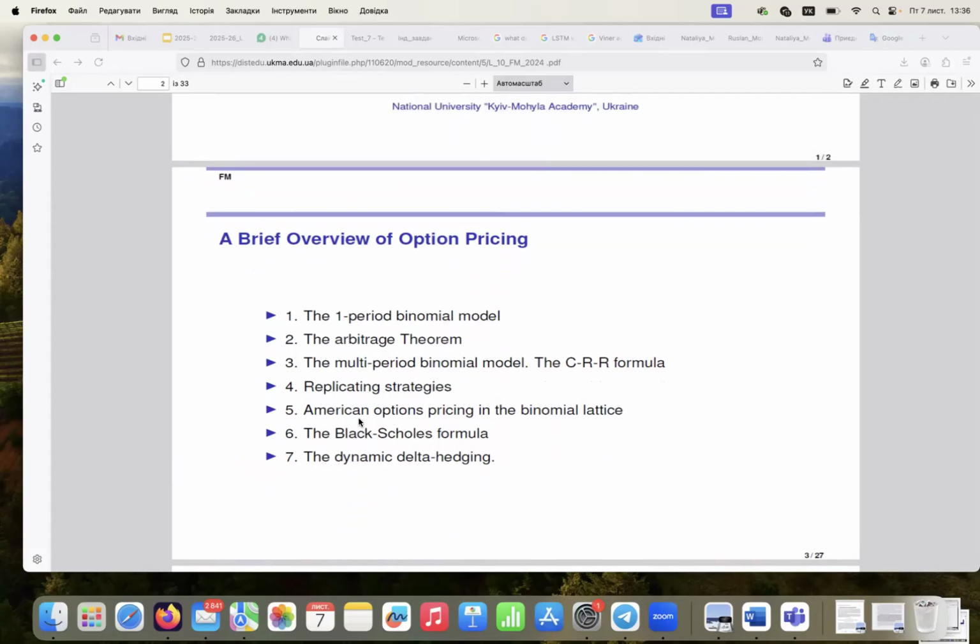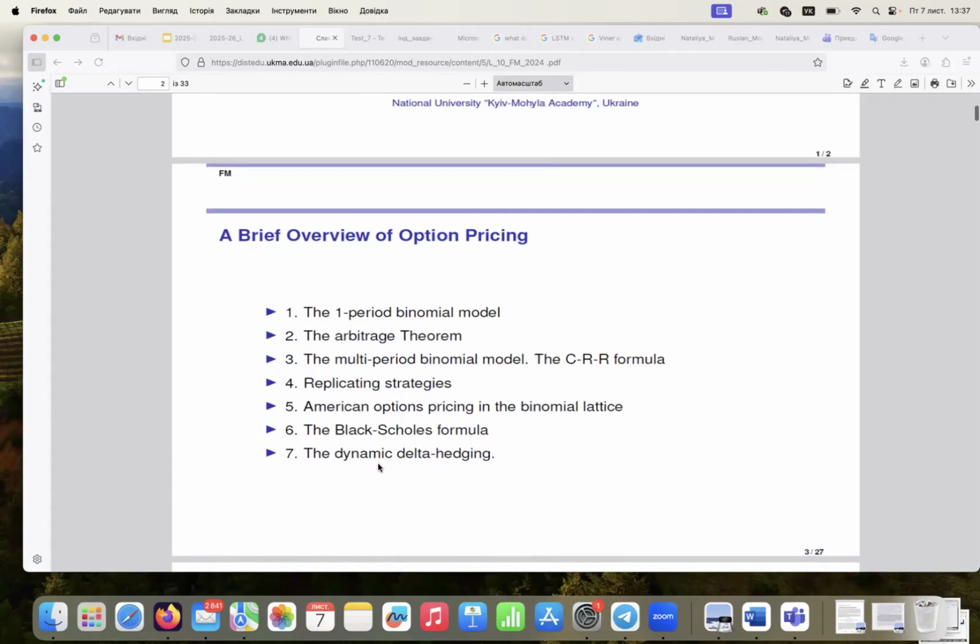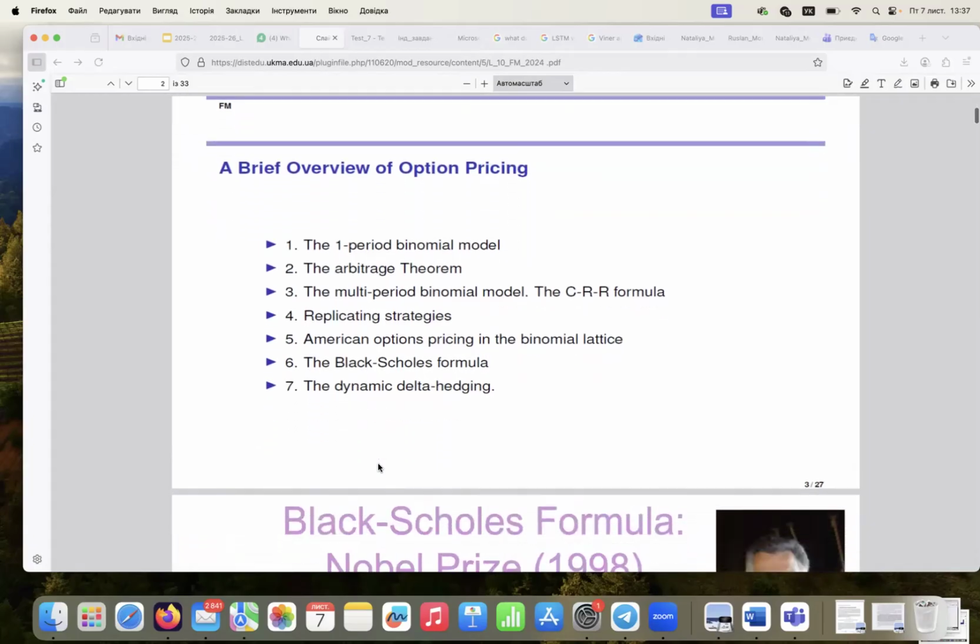You remember the other kind of option, the American option, and the celebrated Black-Scholes formula, the main result of financial mathematics. And today, dynamic delta hedging, as an application of the Black-Scholes formula for real life, for traders and others who deal with the financial market.